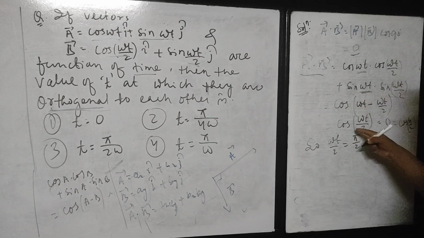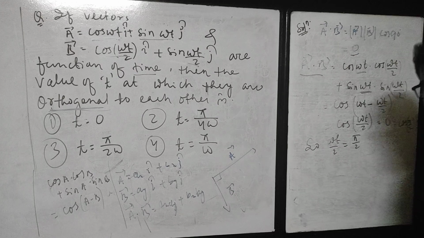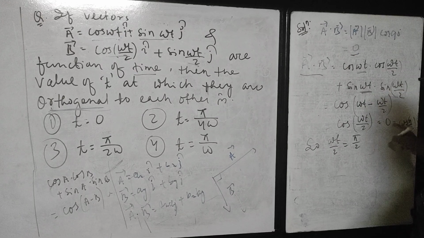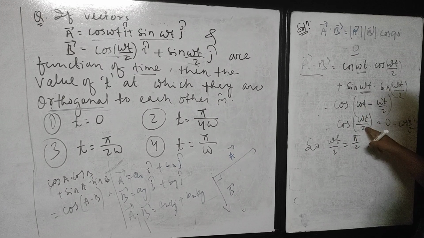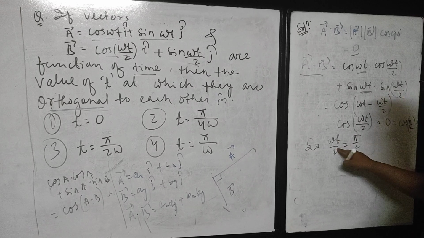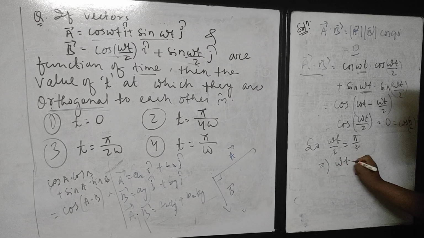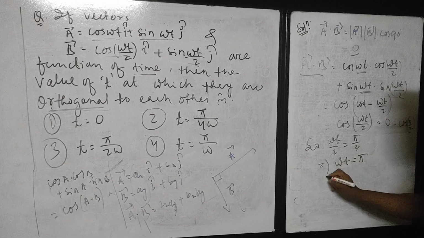That means for what value of omega t upon 2 should it be 0? It should be 90 degrees, that means pi by 2. So omega t upon 2 equals pi by 2. The 2 cancels, and omega t equals pi.